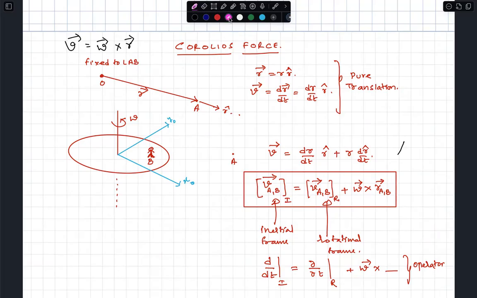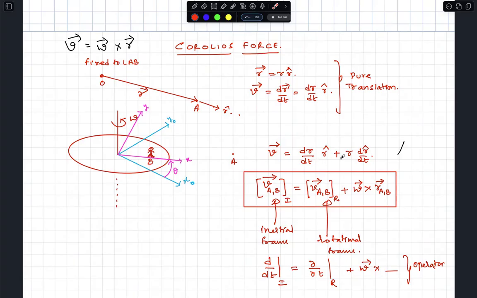Now, the axis also rotated. X, Y. Remember, this angle is theta. This is rotating. Now, in the same context, if I do a derivation, what happens?